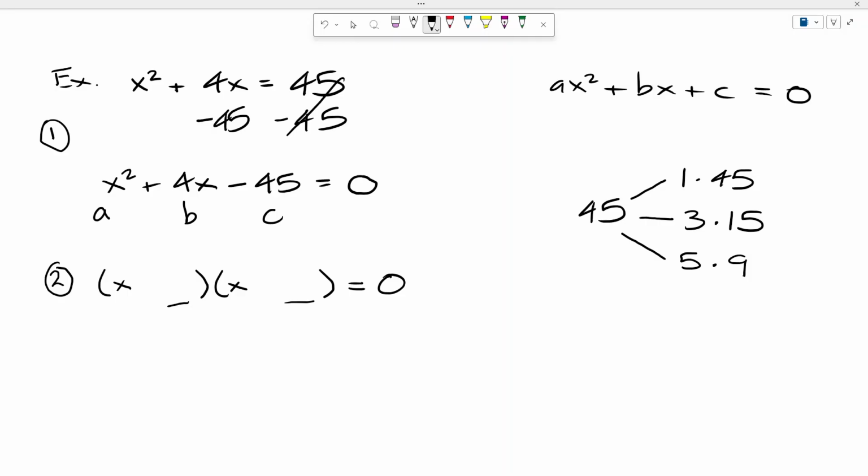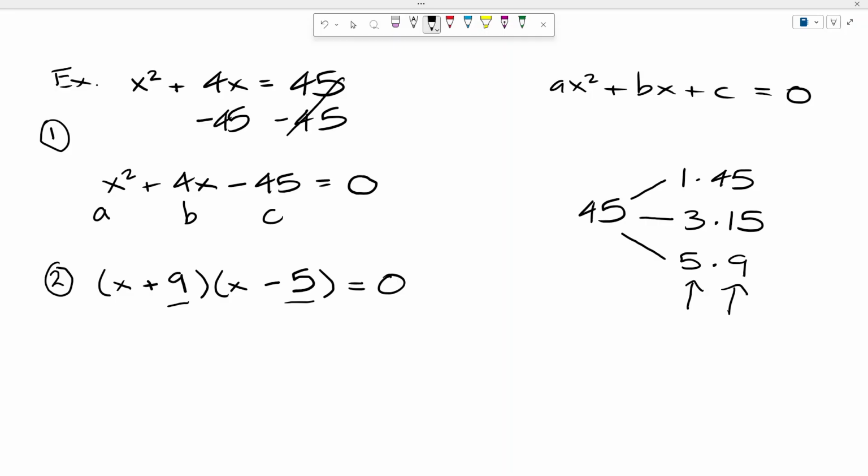5 and 9, because we have to remember, again, our c is technically negative 45. So one of these can be a negative. Let's try, we'll make this a negative 5, so that'll be x minus 5, and then this will be a positive 9.